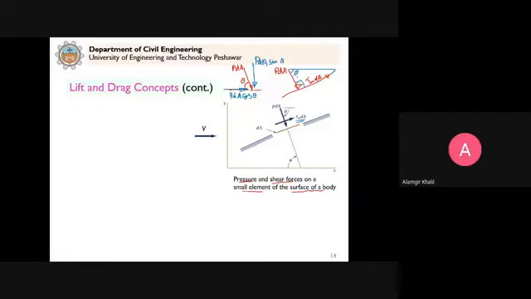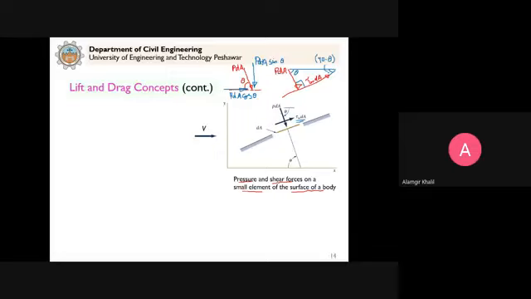So now when this is theta and this is 90, then this angle must be 90 minus theta. Clear? This angle must be 90 minus theta.